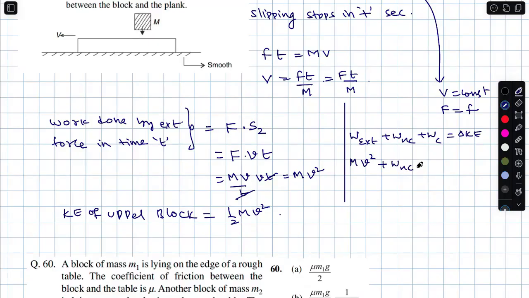Work done by non-conservative force, I don't know. I need to find that. There is no conservative force. What is the change in K? There is no change in K of the plank. Correct? There is only change in K of the block. So therefore, work done by non-conservative force is half mv square minus mv square.